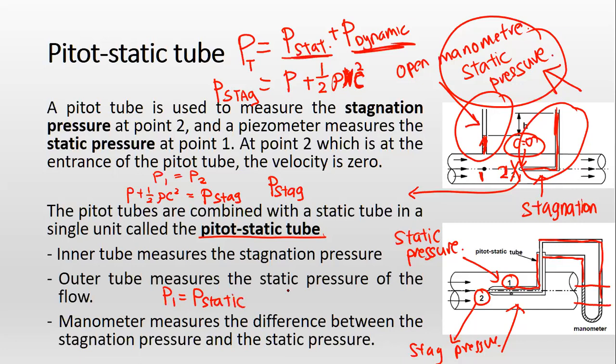P2 is the stagnation pressure, so it consists of the static plus the dynamic. So the difference between P1 and P2 is simply P dynamic. And what is the formula for P dynamic? The formula for P dynamic is half rho c square. So this height difference here, you are able to correlate to half rho c square.